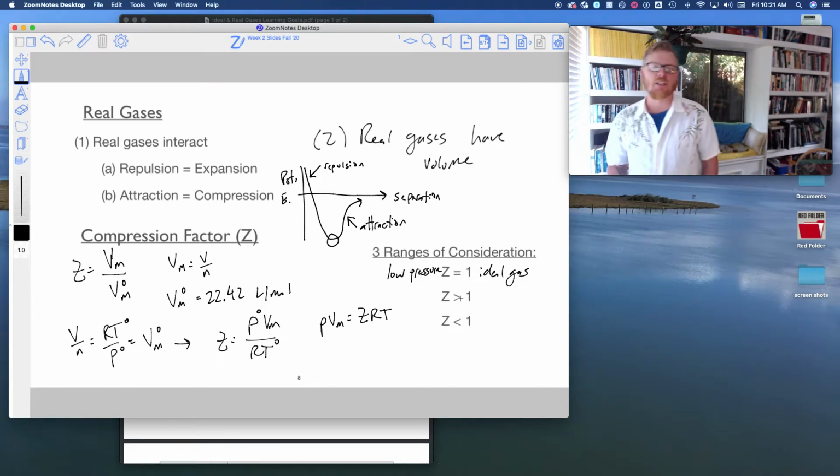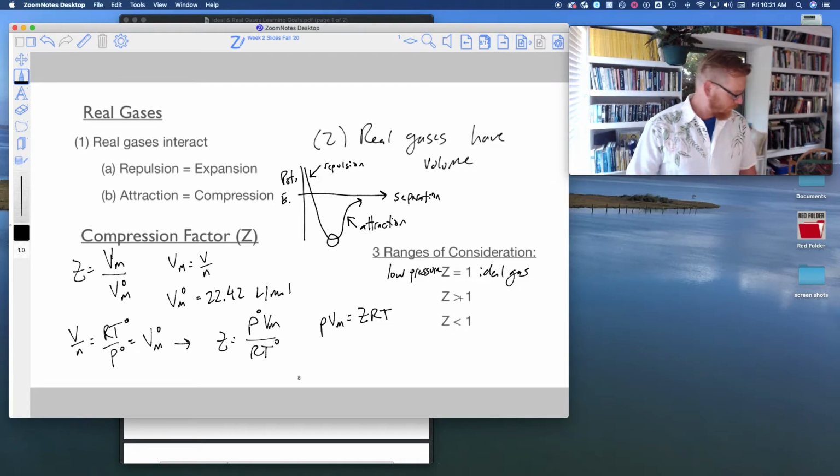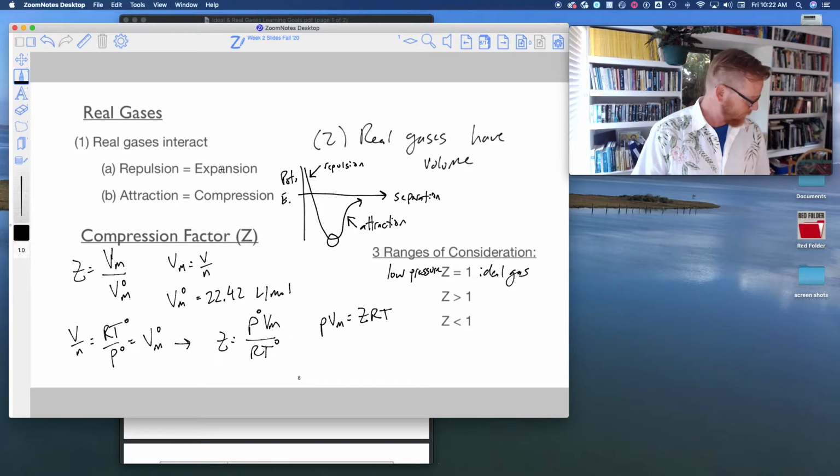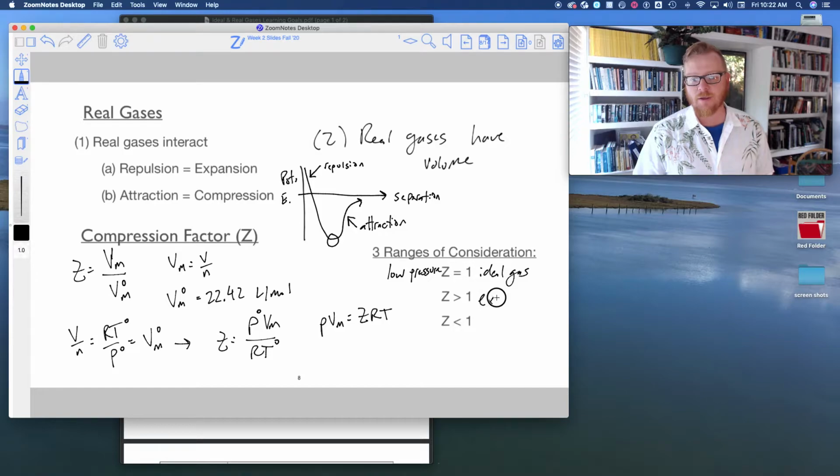Ideal gas is typically low pressure. Okay? When Z is greater than 1, let's think about this for a minute. Okay? So this means when Z is greater than 1, this observed molar volume is greater than the 22.42 liter per mole.